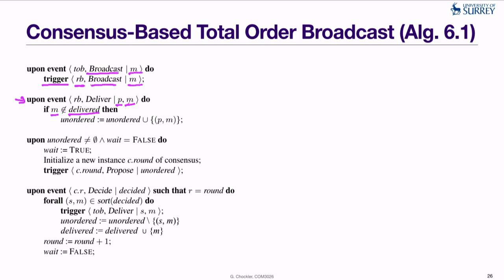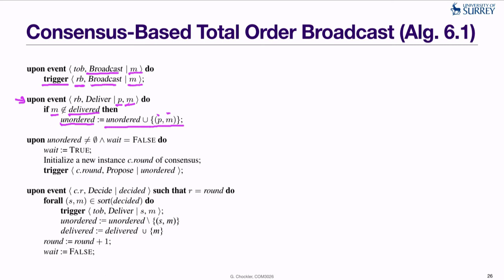If M is not in the delivered set, then we add it to this unordered set. This is the actual addition here, and what we add is actually a pair: the process, the sender of M, and M itself.